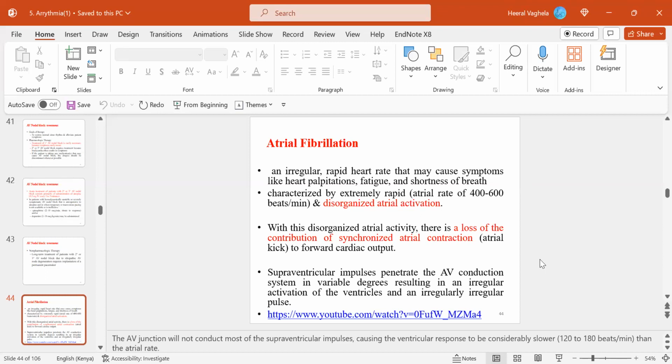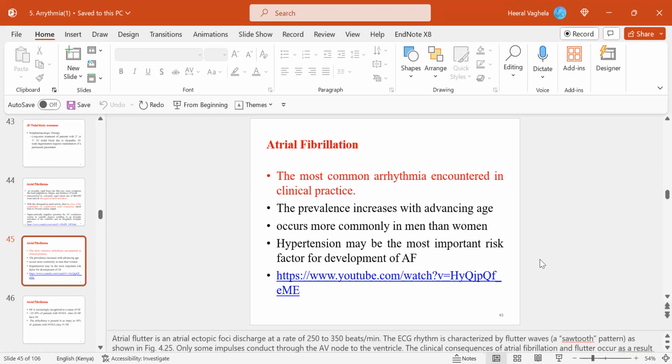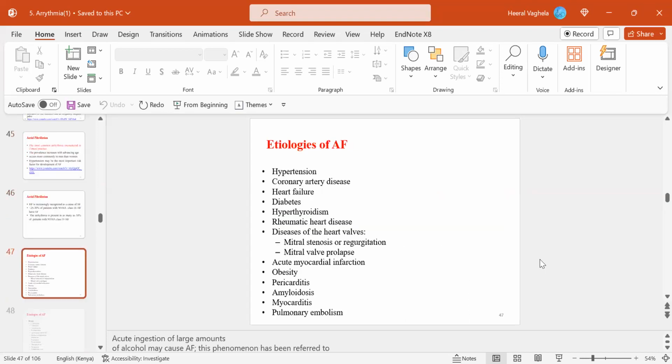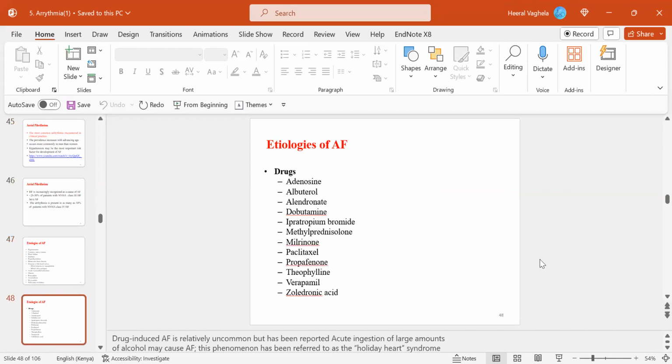So there's a loss of synchronized atrial contraction, and it's one of the most common arrhythmias. Etiologies are again the same ones we've seen previously, with others like rheumatic heart disease of the heart valves, where the valves are dysfunctional, so they don't close or open properly. Drugs, again, some of the same ones.